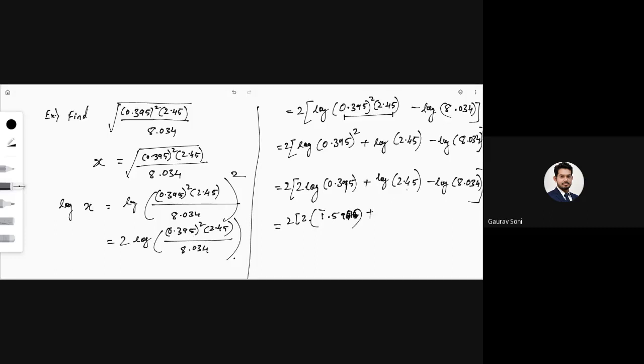Plus log of 2.45. There's one digit before the decimal point, the number is greater than 1. So 1 minus 1, this will be 0 point. The row 24 and column 5: 3892. 3892. Minus log of 8.034. There's one digit before the decimal point, so I have to subtract 1, 1 minus 1, 0 point.